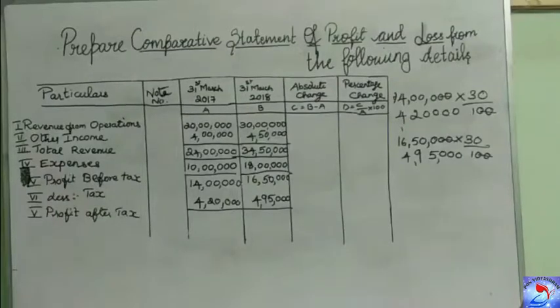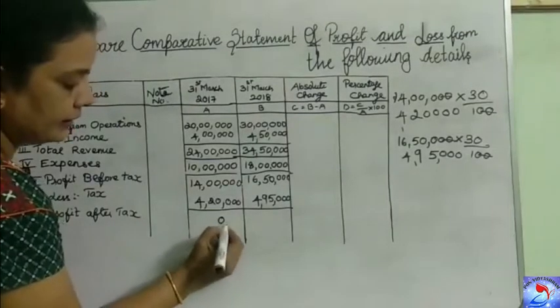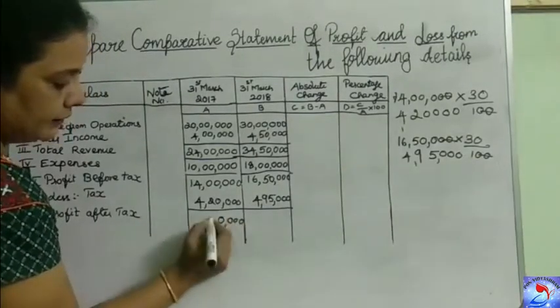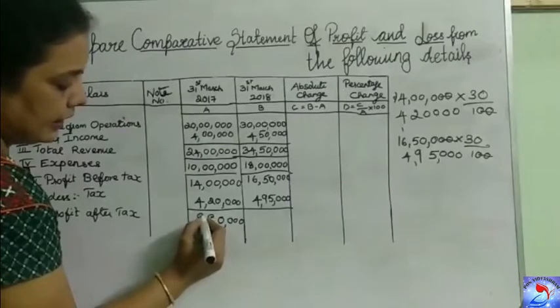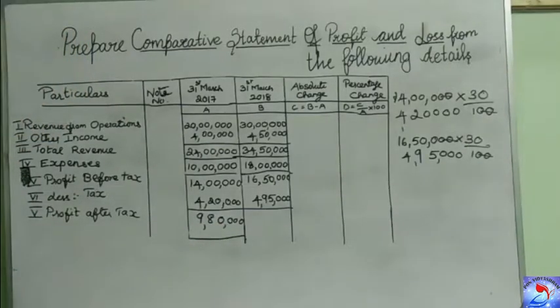So if you subtract 14 lakh minus 4 lakh 20,000, how much will you get, children? Here it is 9 lakh 80,000 as profit after tax.